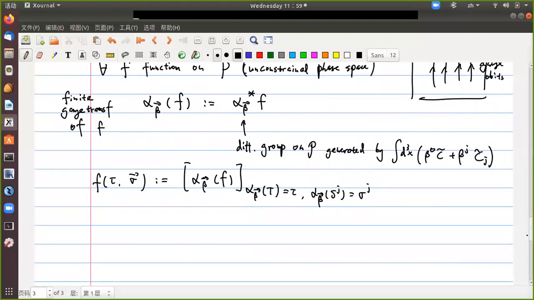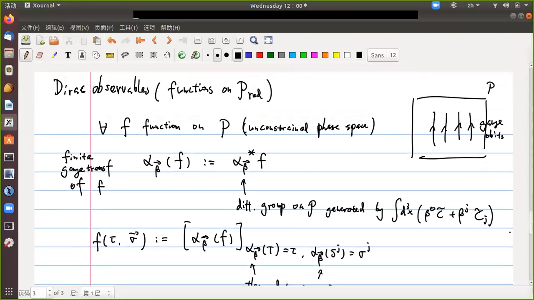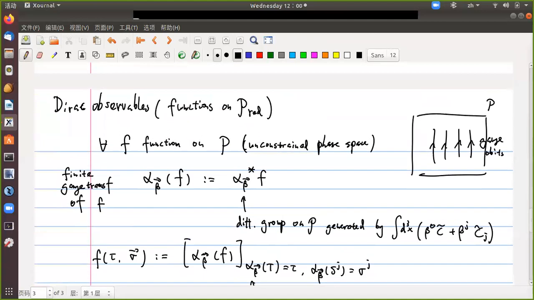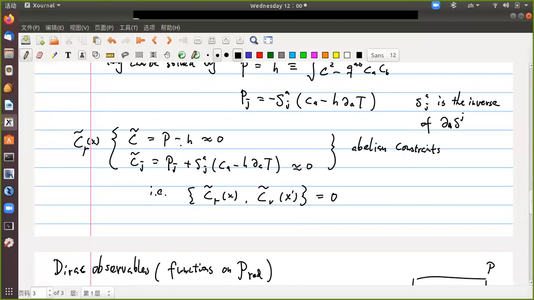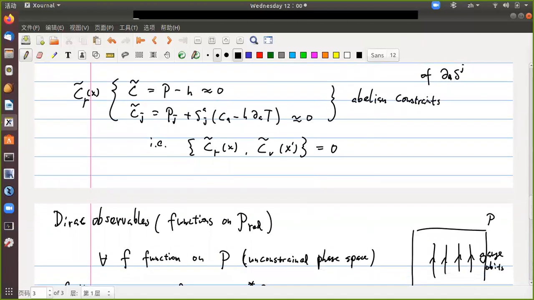These two equations determine beta. You can just try it out and write down explicitly alpha beta acting on T. You just use this linear combination of constraints acting on dust field T. It is very easy to calculate because these constraints are linearized. It's just linear in P, and all the other parts commute with T and S.